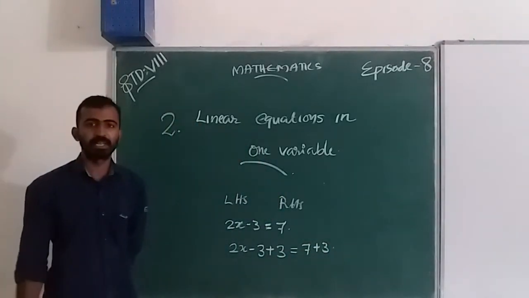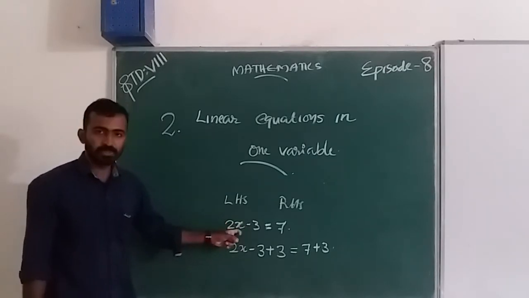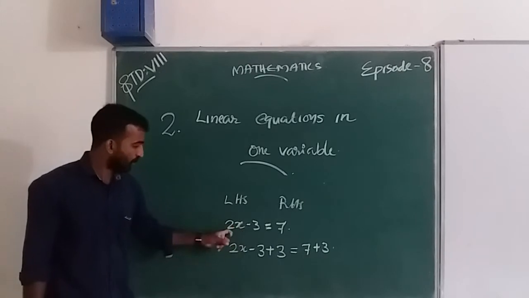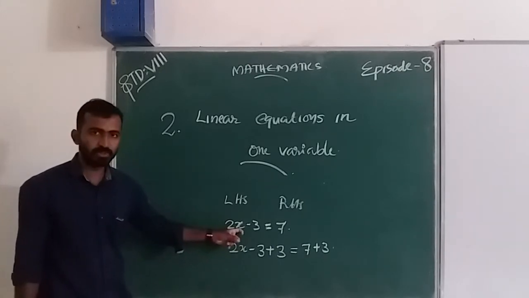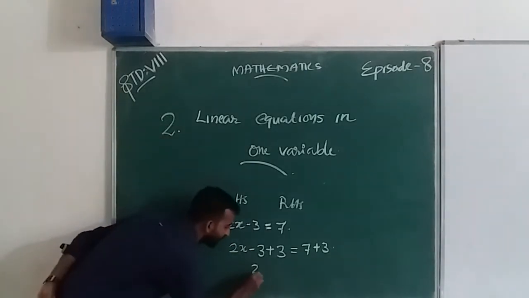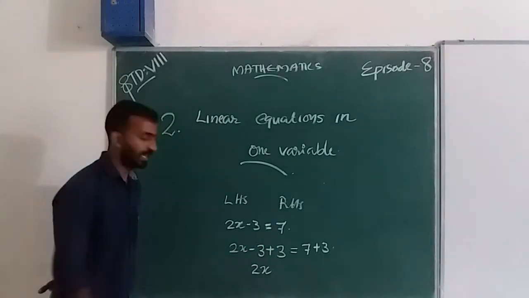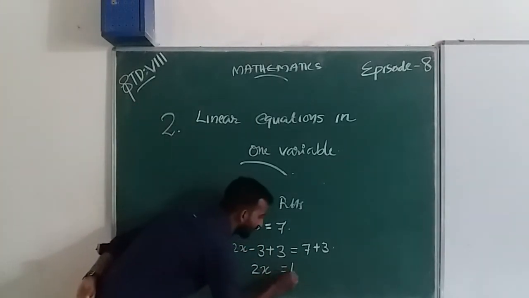Here 2 is called the coefficient of x. So 2x minus 3 plus 3, we get 0, and 2x equal to 10.